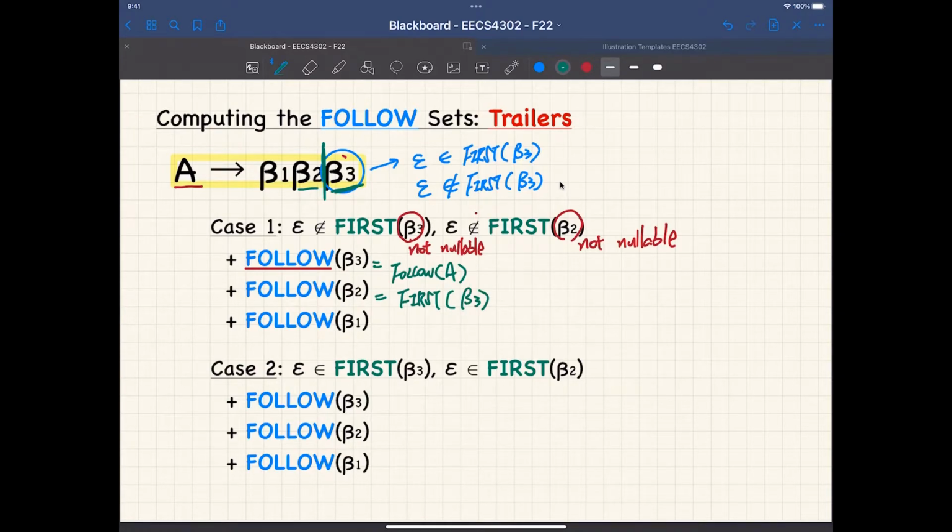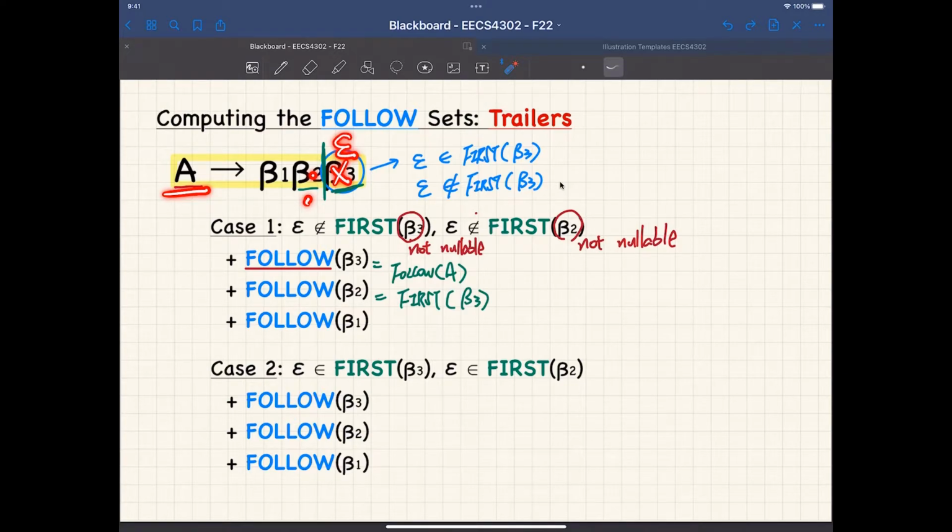That one's for sure. But we want to worry about the case where, in case beta 3 happens to be nullable, in that case, this can be epsilon. In that case, beta 2 effectively will become the last component in the production rule. In that case, what should also be included in its follow set, the follow of A? Is it the case here?